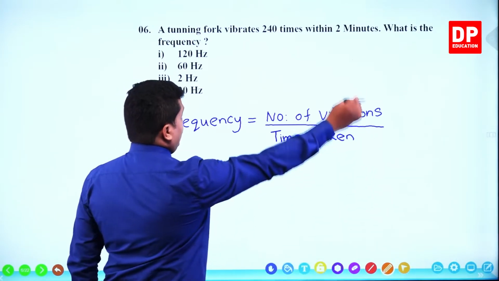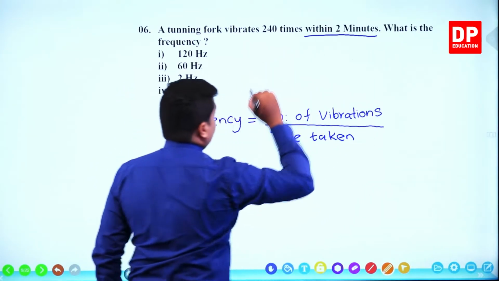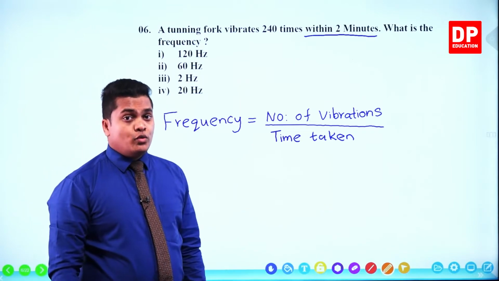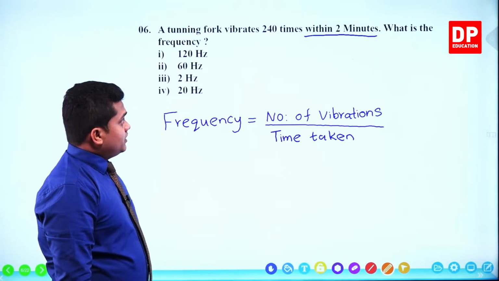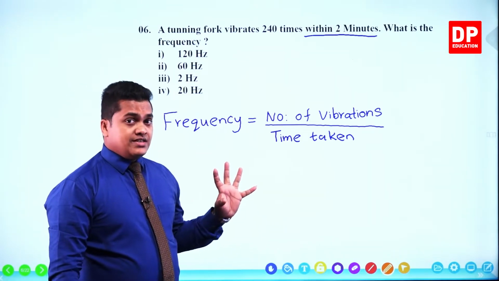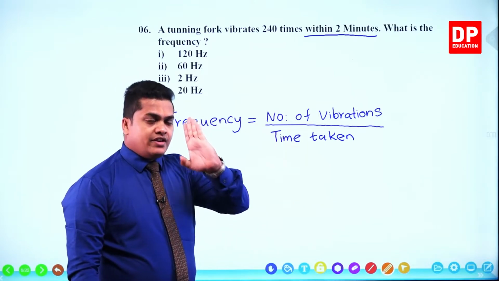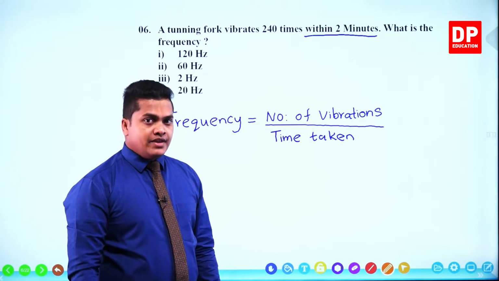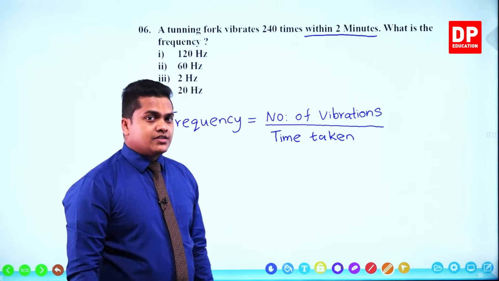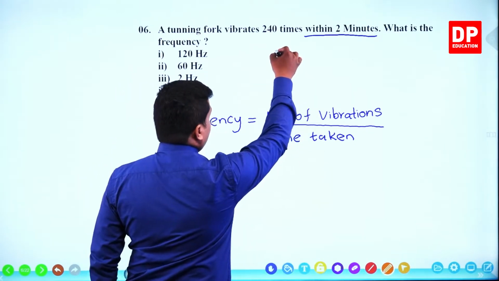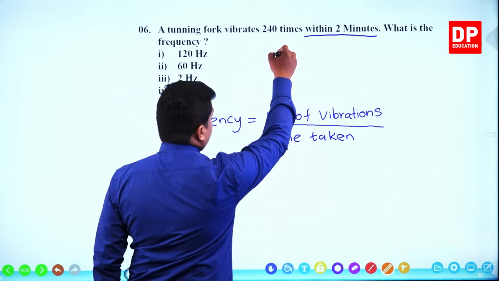So it is given that within 2 minutes. The question is given in minutes. So definitely you need to convert that minute value into seconds. So we'll convert minutes into seconds first.